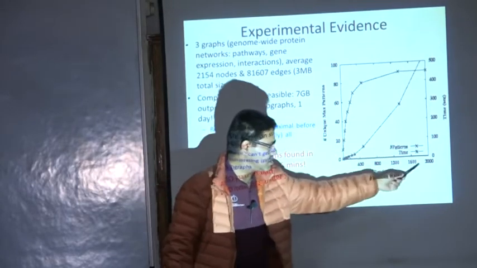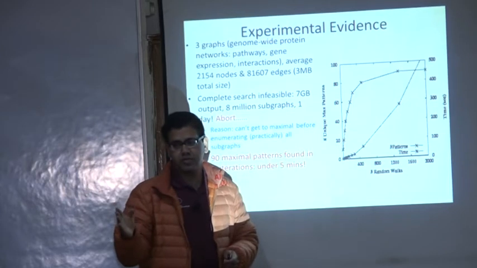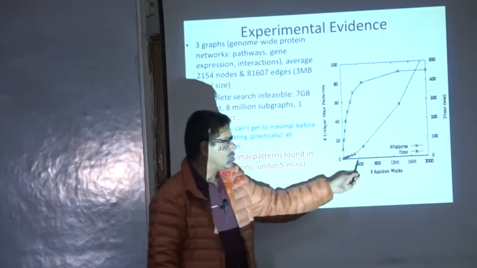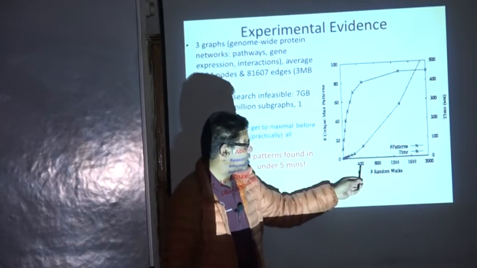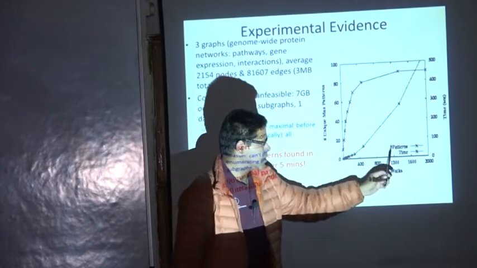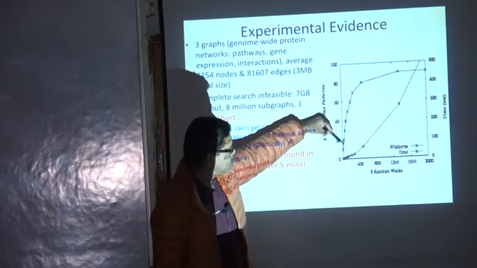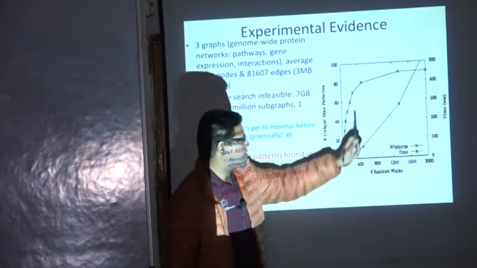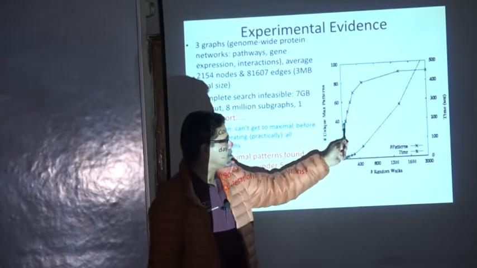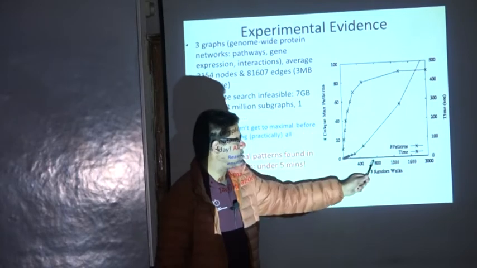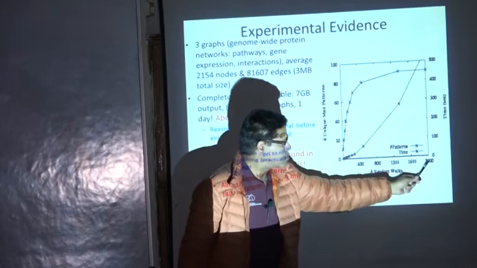On the x-axis, I'm showing you how many walks you do. So this is 400 walks, 800, after 400 walks, after 800 walks, after 1200 walks, how many new patterns have you found? So this is showing you the number of new patterns found. Initially, as you increase, you keep on finding new and new things. After about 1200, I go from 1200 to 2000 walks.